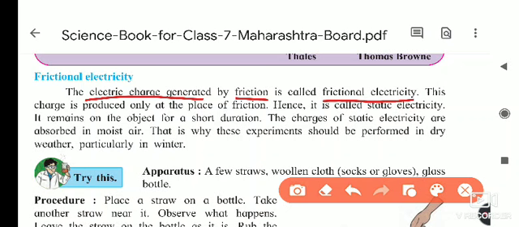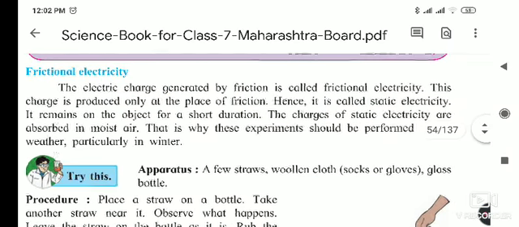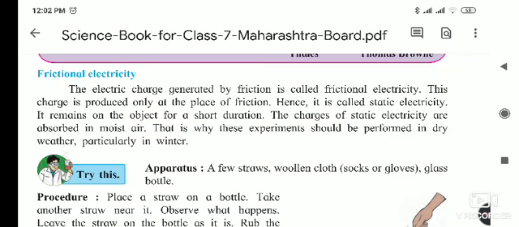What is the definition of frictional electricity? The electric charge generated by friction is called frictional electricity, and this charge is produced only at the place of friction.